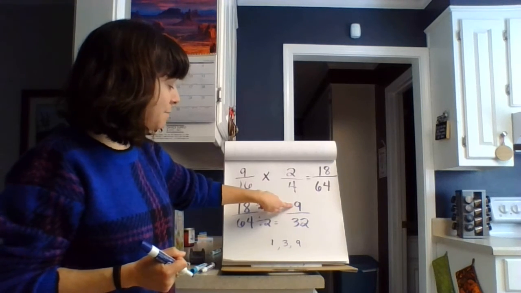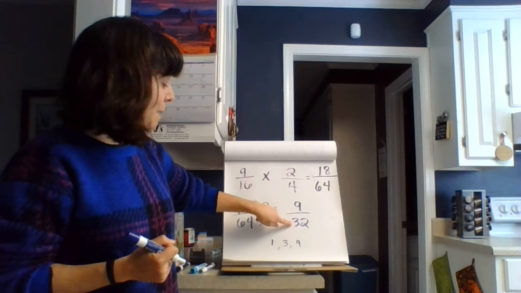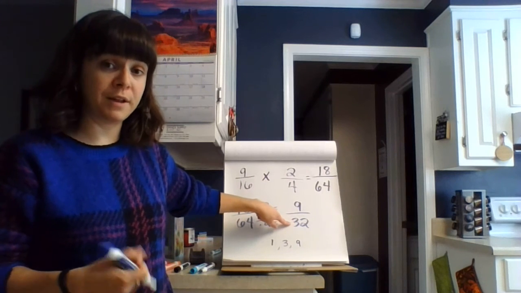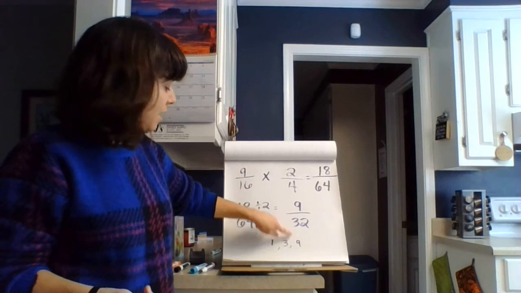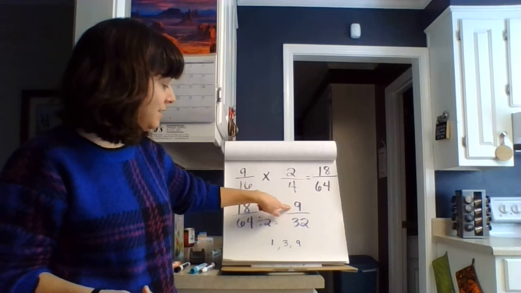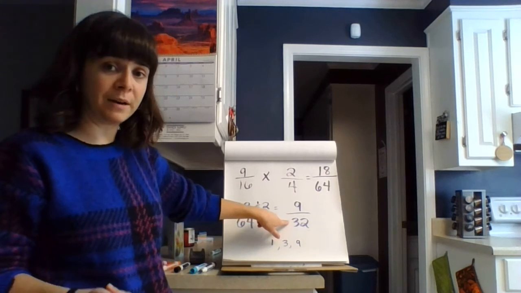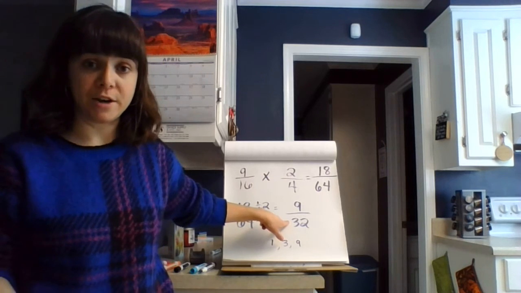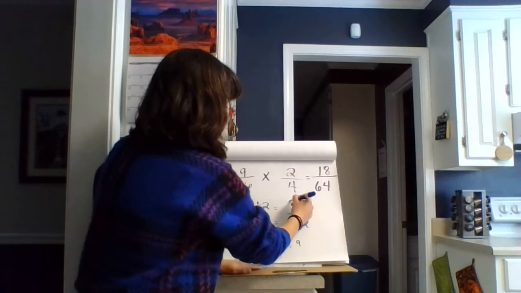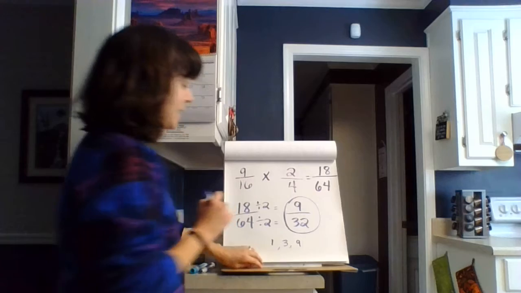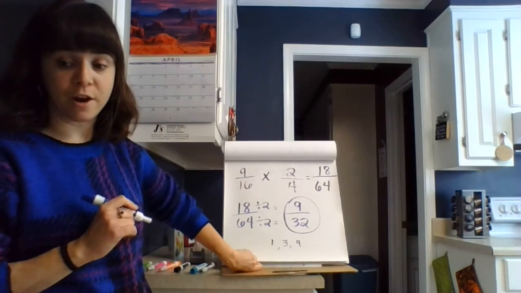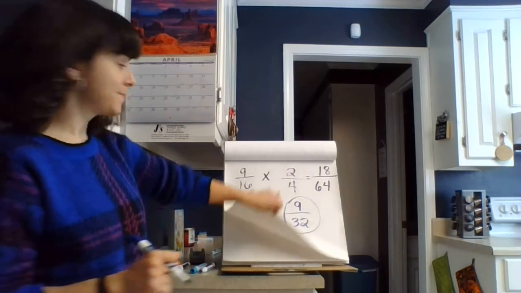I can divide 9 by 3 without a remainder, but if I divide 32 by 3, there's going to be a remainder. Same thing with 9. I can divide 9 by 9, of course, to get 1, but 32 divided by 9 is going to leave me with a remainder. So the simplest form for our answer is 9/32.